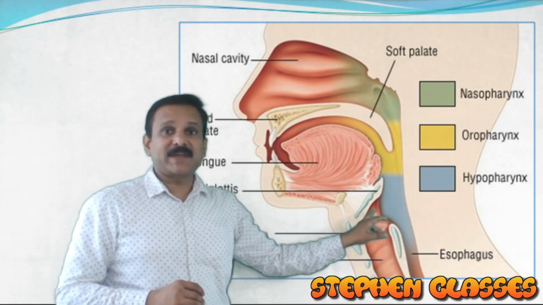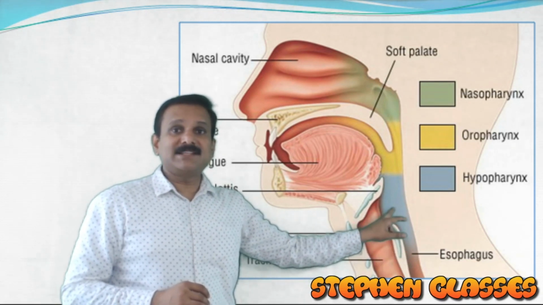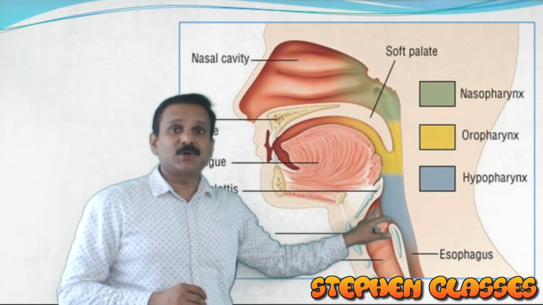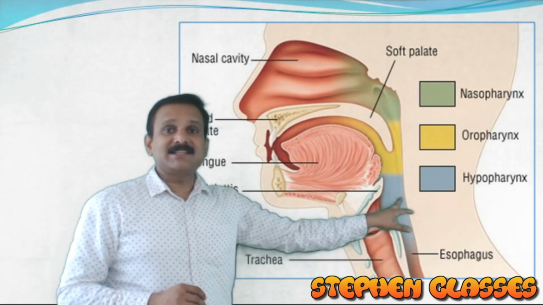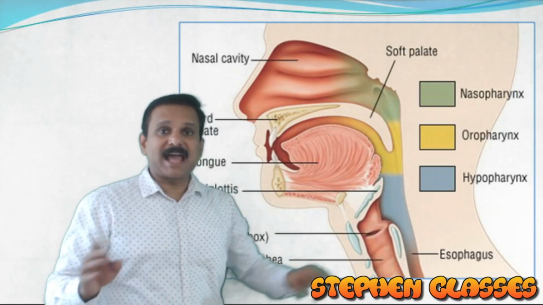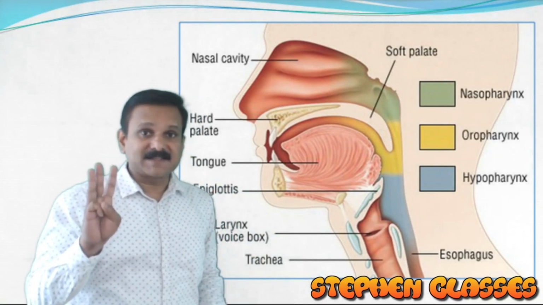Here you can see the glottis as well as the gullet region. The region of the pharynx which opens into the glottis and gullet, these two openings, is called hypopharynx or laryngopharynx. So there are three regions for the pharynx.